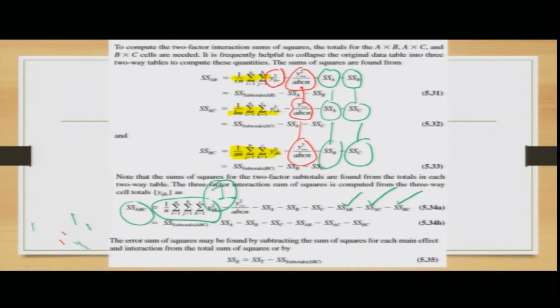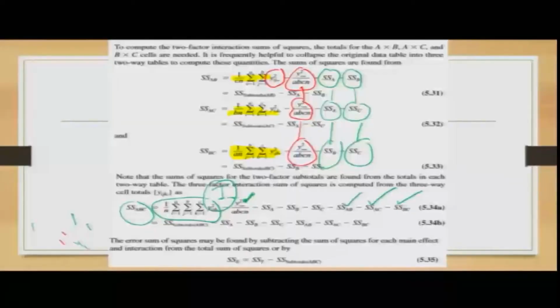Inside, where I am marking with this pointer, would be y square. Now, rather than 4 dots there would be 5 dots, the first dot for capital A, second for capital B, third for capital C, fourth for capital D, and the last dot for n, which is observations. Division would be a into b into c into d into n, small n.